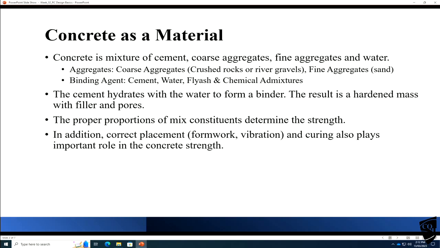The curing is also important. Especially the early stage of the concrete strength is affected by the curing. Sorry, proper curing is the key thing. So that's about the concrete. We discussed these things briefly last week.